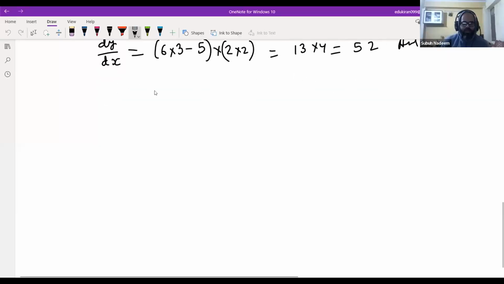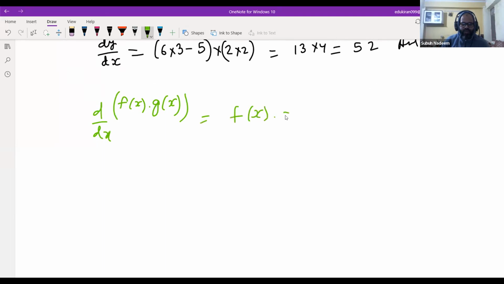So the quotient rule, as we know there is a product rule: a function f(x) is multiplied with g(x), and when you differentiate this multiplication, you get f(x) into the derivative of g(x) plus g(x) into the derivative of f(x).